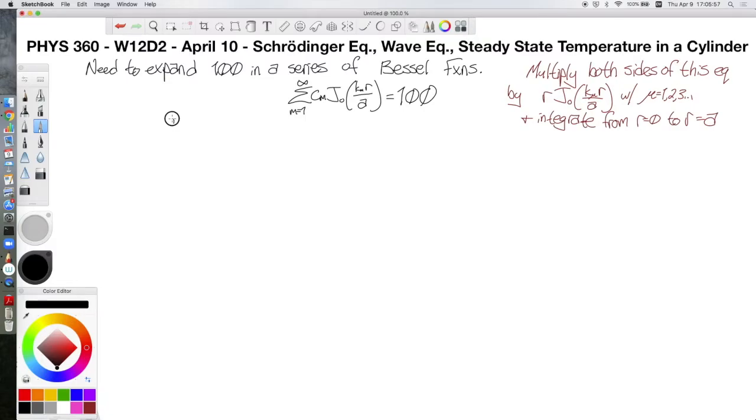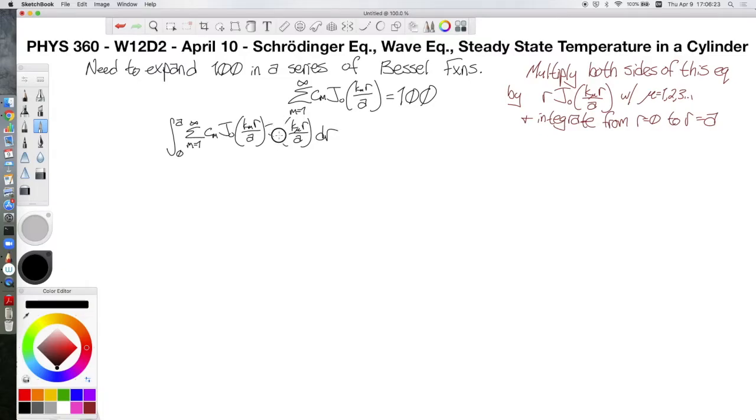On the left-hand side, we get the integral from 0 to a of this sum from m equals 1 to infinity of c sub m J naught of k sub m times r over a times J naught of k sub mu times r over a dr. Nope, I lost an r in here somewhere.